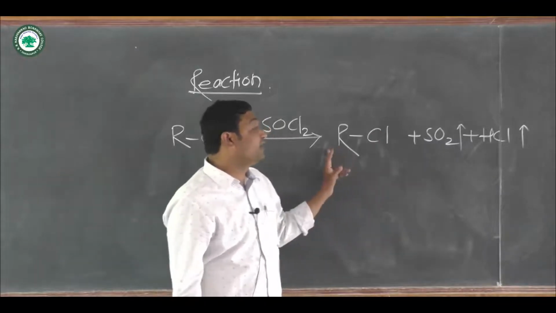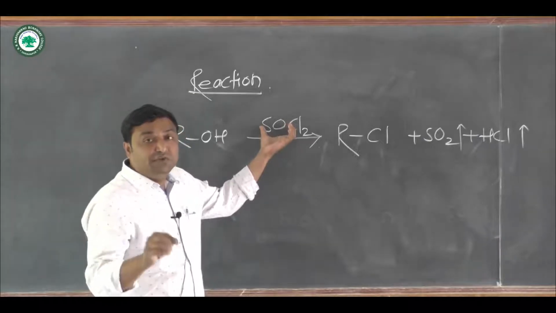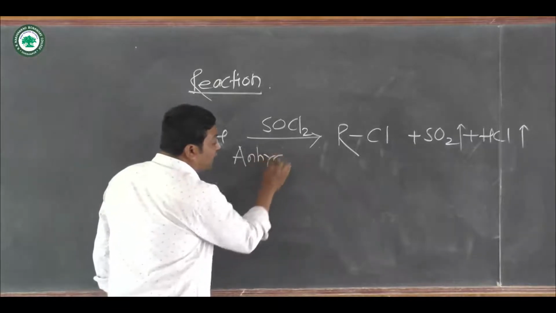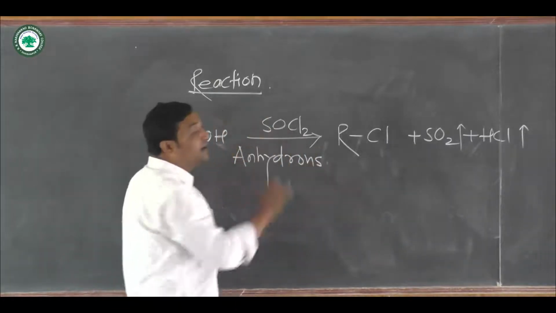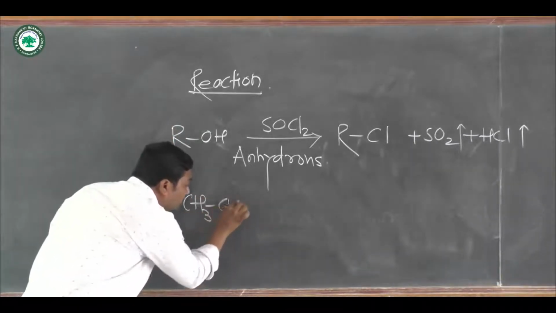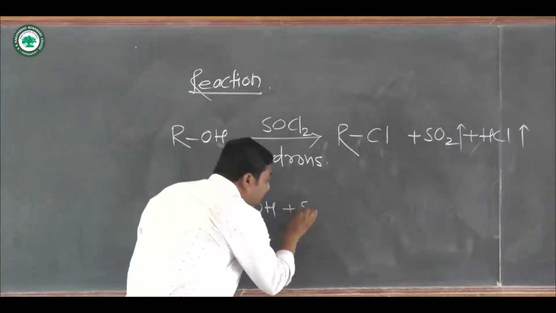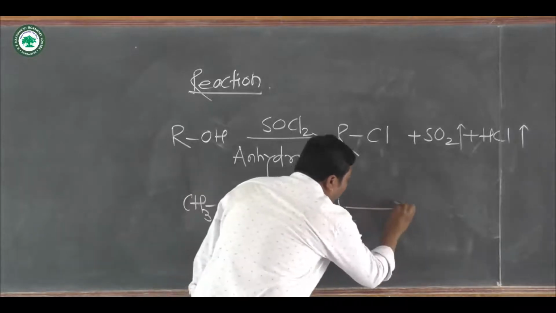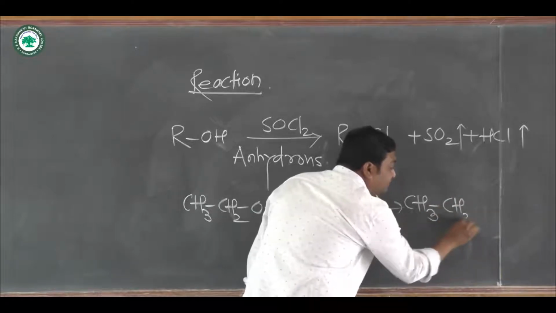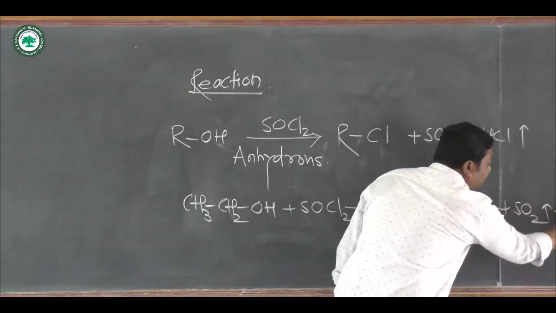Generally, SOCl2 is used in anhydrous condition. For this reaction we have to use anhydrous condition. For example, when ethyl alcohol is treated with thionyl chloride, we obtain ethyl chloride plus SO2 plus HCl.